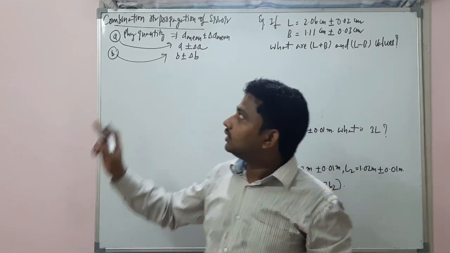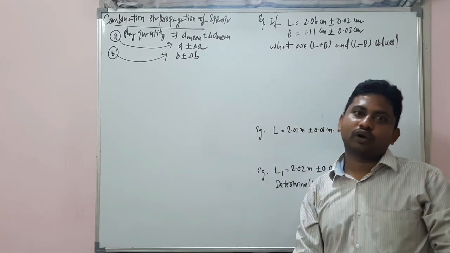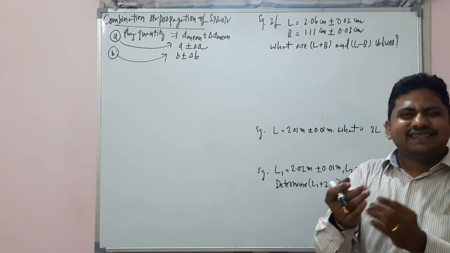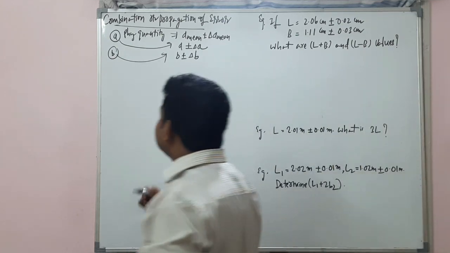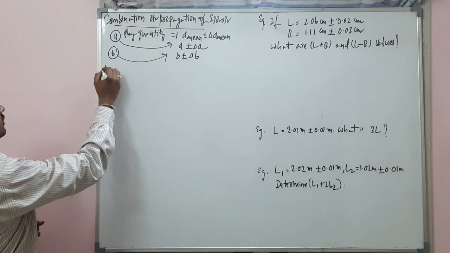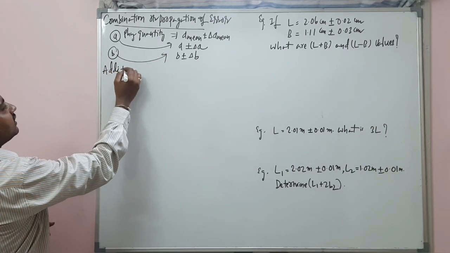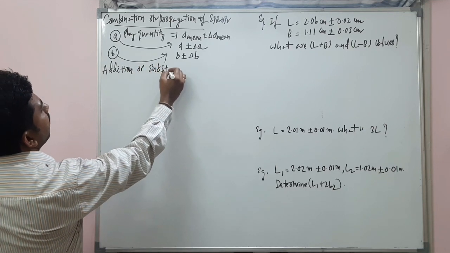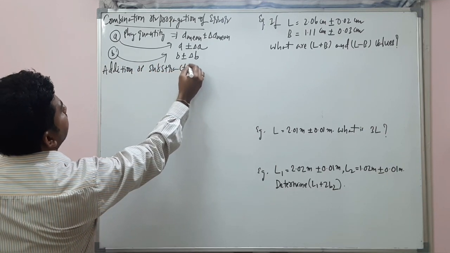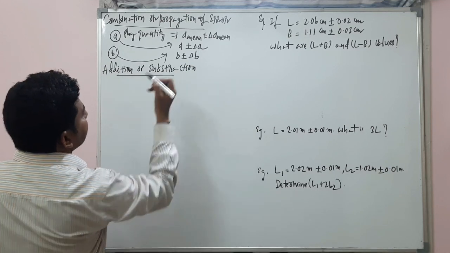That is called the combination of error or propagation of error. So let's discuss how the errors will propagate in addition or subtraction.